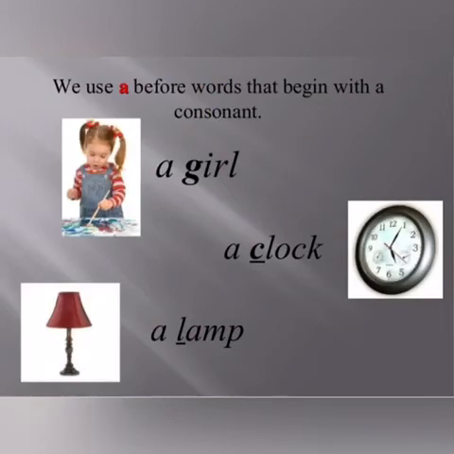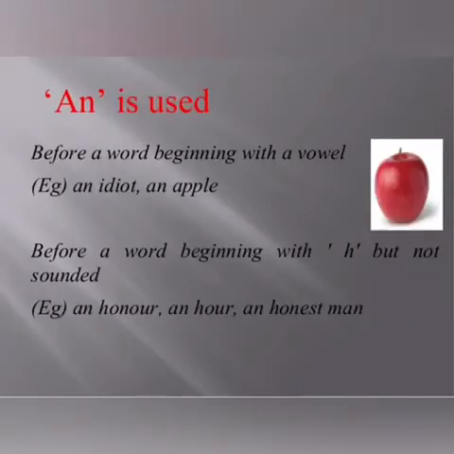Now let's see where to use a. So we use a before words that begin with a consonant. For example, a girl, a clock, a lamp, a light, a candle, and so on. Here's a more detailed explanation of where to use an.